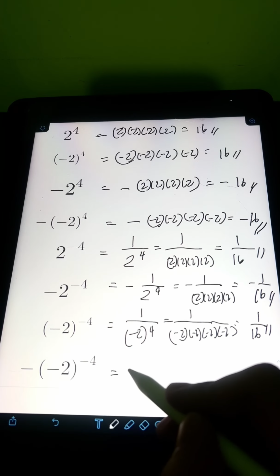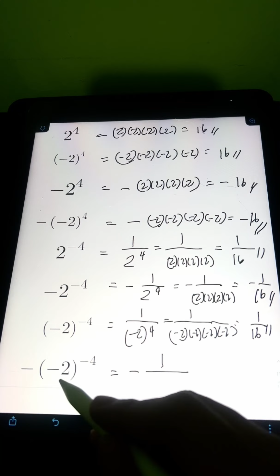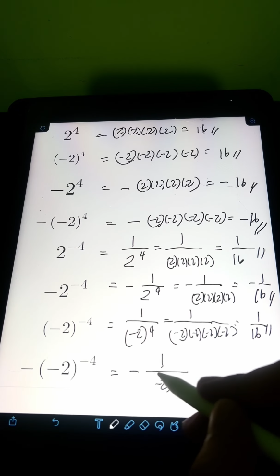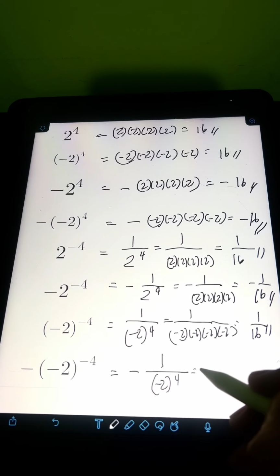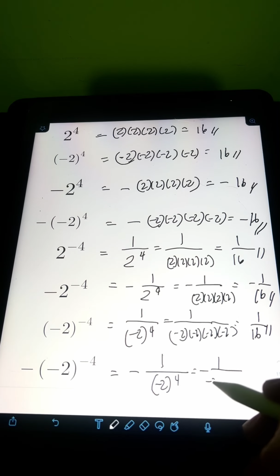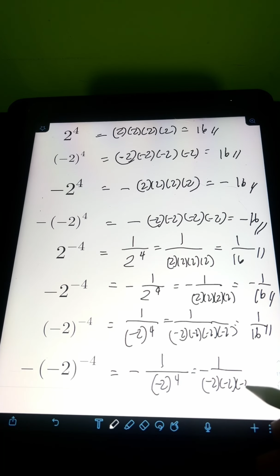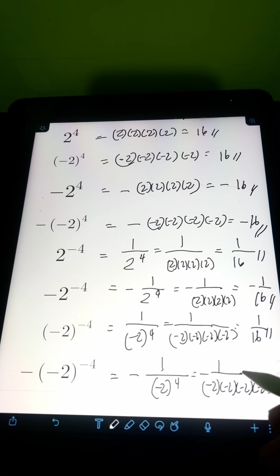We have a negative sign in front, just copy. Then 1 over, the base is negative 2 raised to the fourth. So negative 1 over 4 factors of negative 2, we know that's positive 16. So the final answer is negative 1 over 16.